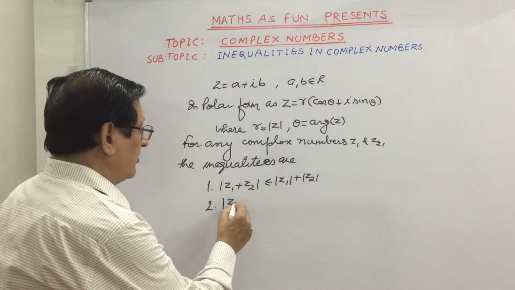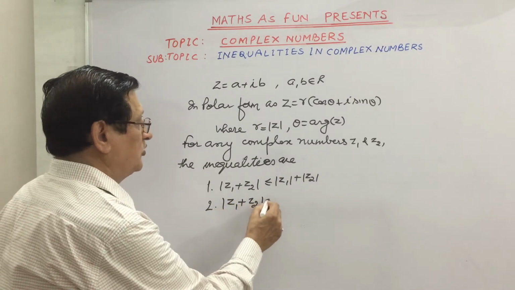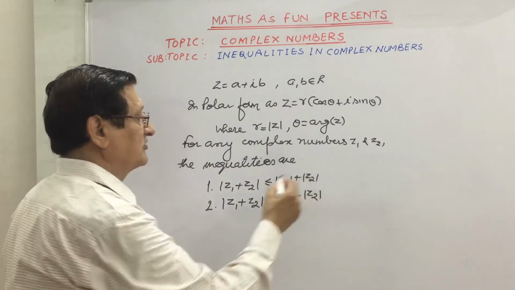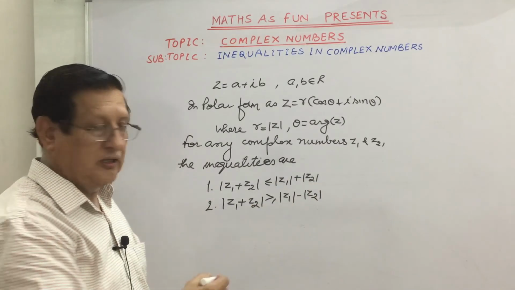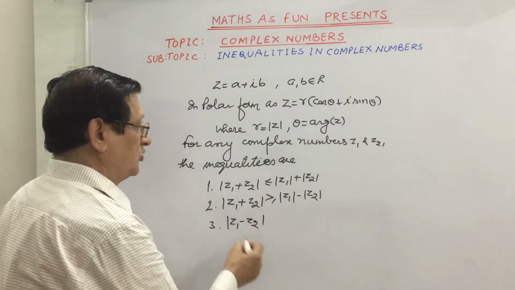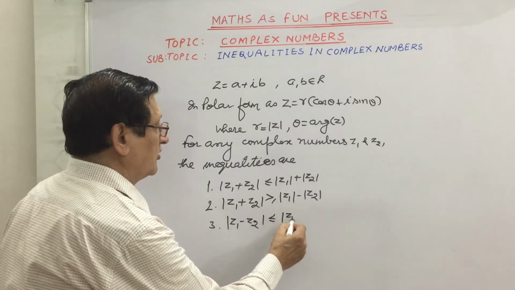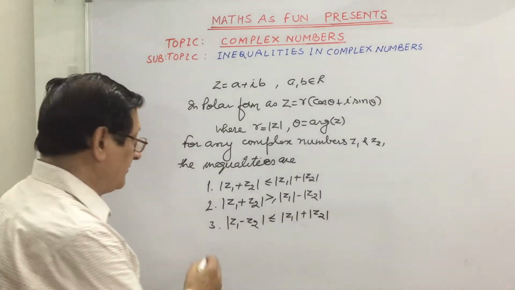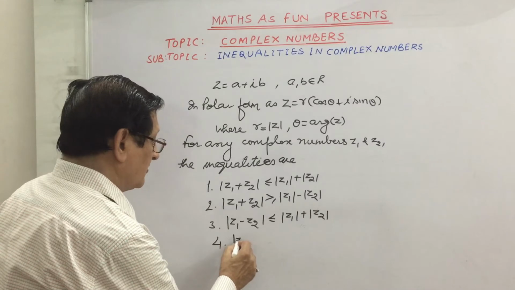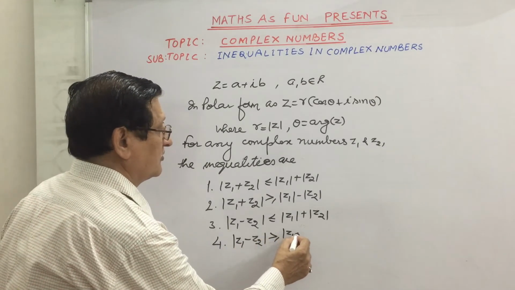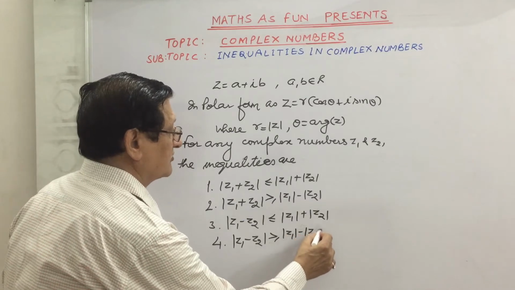Number 2, modulus of z1 + z2 is greater than or equal to modulus of z1 minus modulus of z2. Number 3, modulus of z1 − z2 is less than or equal to modulus of z1 + modulus of z2. And number 4, modulus of z1 − z2 is greater than or equal to modulus of z1 minus modulus of z2.